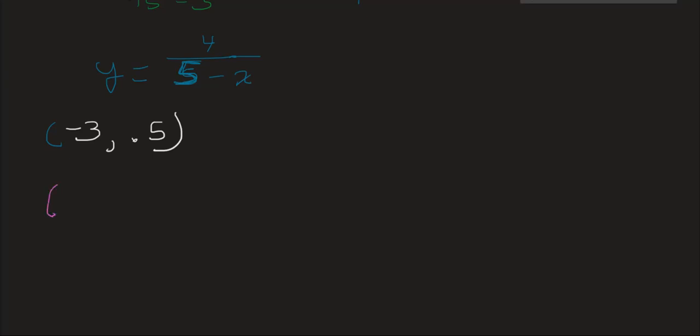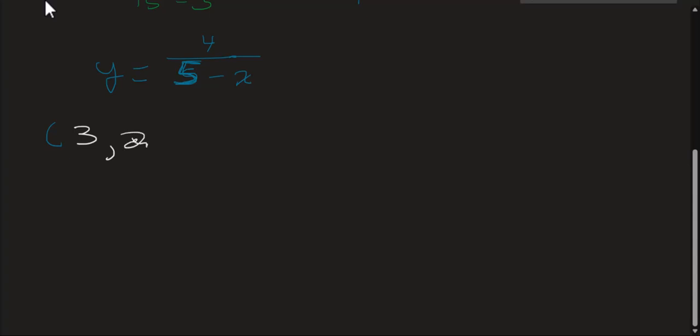Let me do one that has numbers that are more to my liking. Let's do 3, and then that would be 4 divided by 2, which is 2. There we go, that's better. Now let's say the point I'm supposed to find the secant line for is 2.9, a number close to 3.